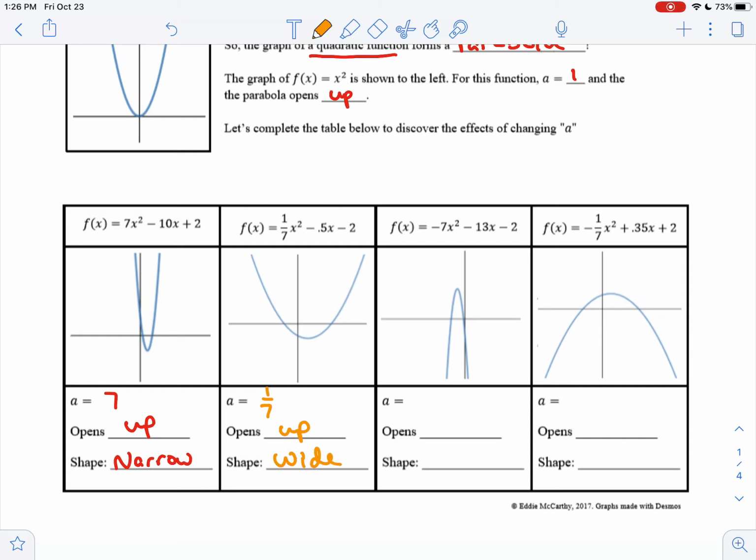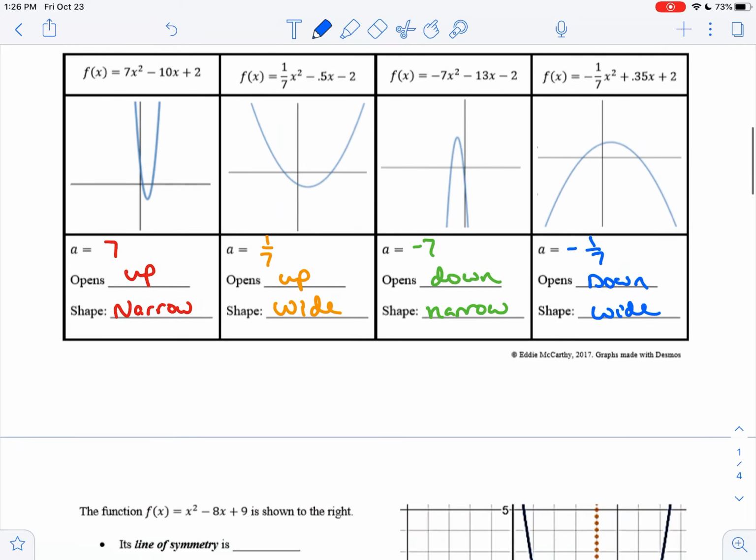Well, this graph still opens up, but the shape got wide. In graph 3, we have a is -7, -7x squared. The graph opens down, and the shape is narrow. And finally, in our last graph, we have a is -1/7, so down and wide.